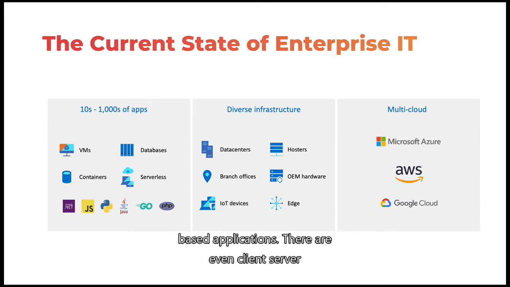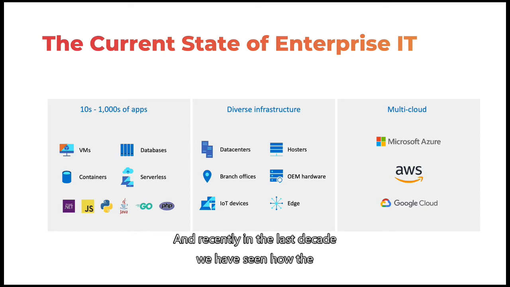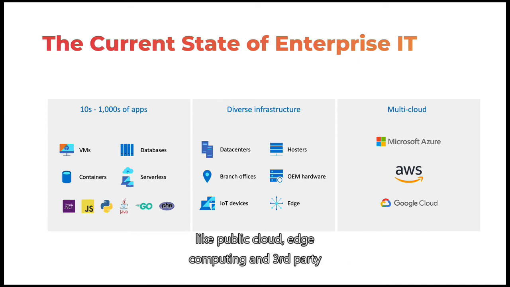There are even client-server applications and non-Windows applications running in an enterprise. And in the last decade, we have seen how the infrastructure has gone beyond the data center to environments like public cloud, edge computing, and third-party environments like hosters, co-location providers, and so on.